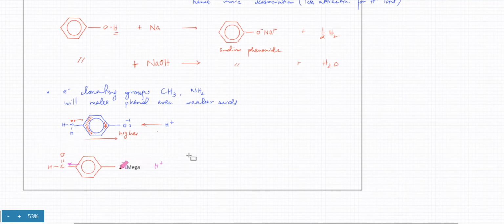So overall, the lone pairs overlapping with benzene, that part would increase because there's another group that's withdrawing electrons. So the benzene electron density would be lesser. Oxygen's electrons would start overlapping, and that would make the negative charge density over here lesser. And if it's lesser, it's not going to attract the H plus 1. The H plus 1 that has broken away is no longer going to be attracted as strongly, and that would lead to more dissociation.